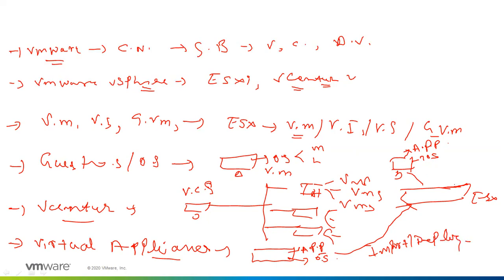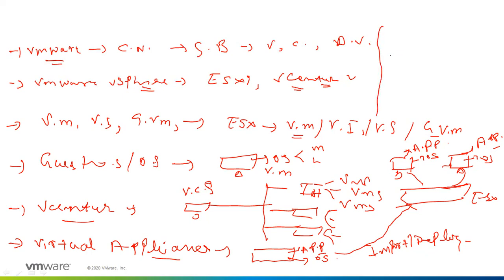When you import and deploy, it will deploy as a virtual machine, but there is already an operating system and an application. You don't need to install any OS and application. Everything will be there pre-packed. So that's what we call a virtual appliance.